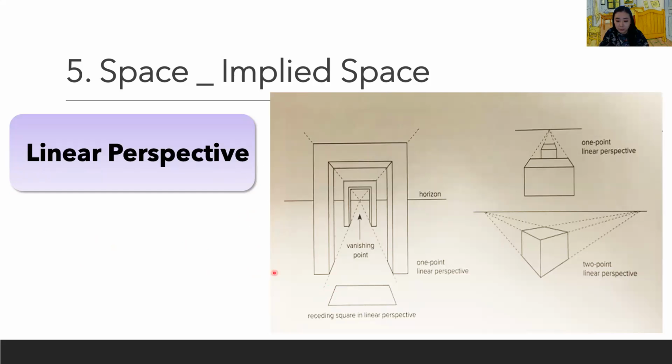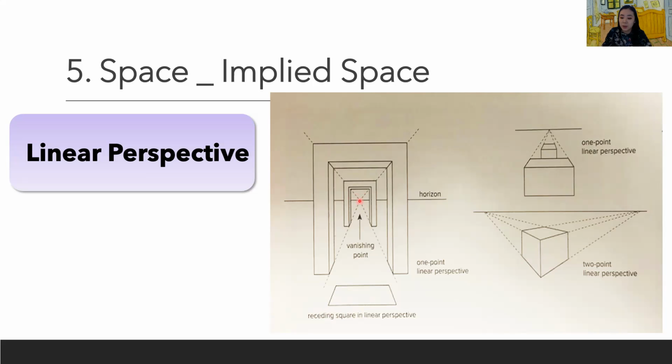So Leonardo da Vinci of the Renaissance, he discovered this technique to show a space on the two-dimensional surface. So the left one, this one, is a one-point linear perspective with the vanishing point at the center of the implied space.